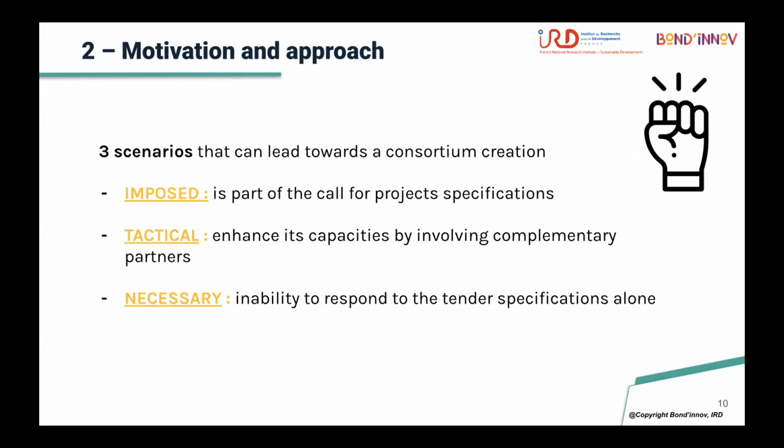So why do we need to build a consortium in response to a call for tenders? Three main reasons. The consortium is imposed, meaning that the funder imposes that the project must involve two institutions from two different countries.